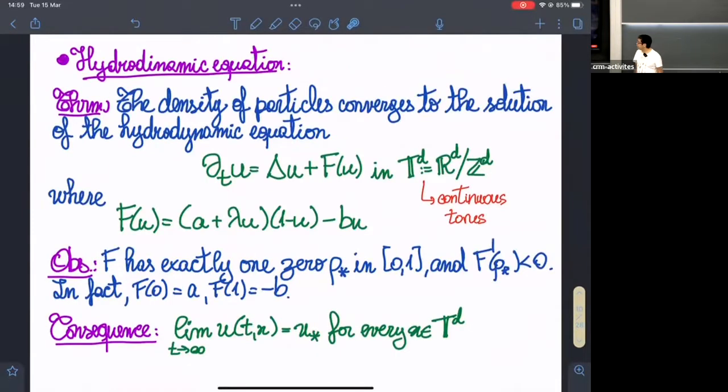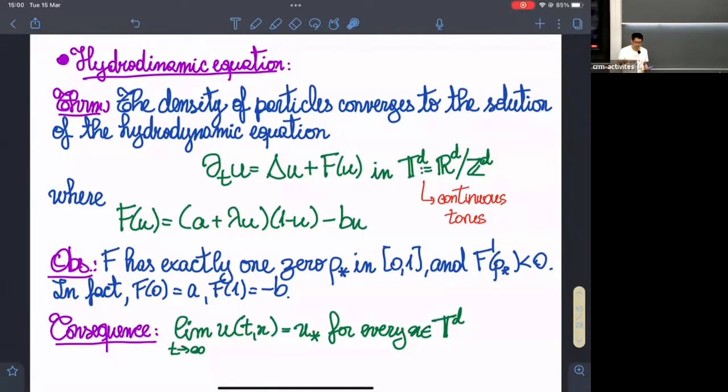Okay, so the reaction-diffusion model has well-studied hydrodynamic behavior. The idea is that since interactions are local, when you look at the density of particles, I don't want to be precise about what I mean by the density of particles, so you can cook up in your mind your favorite definition for that.